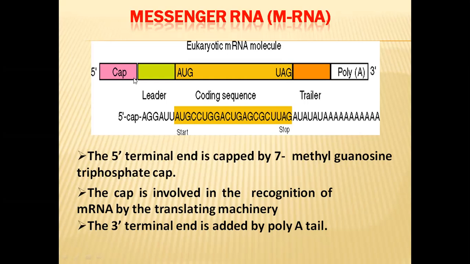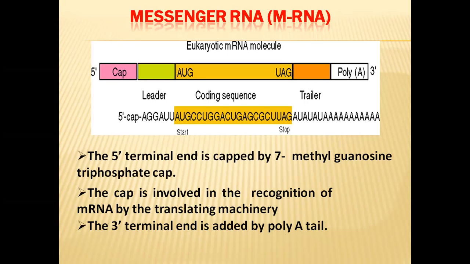This 5' cap, or this methyl cap, is helpful to the mRNA while translation is going on near the ribosomes. In what way is it helpful to the mRNA? mRNA can be recognized by the help of this methyl guanosine triphosphate cap only.